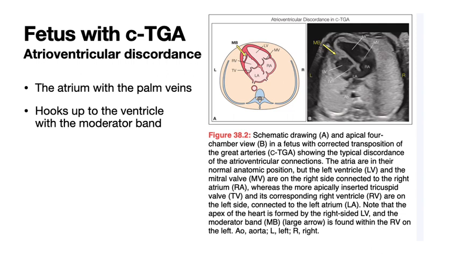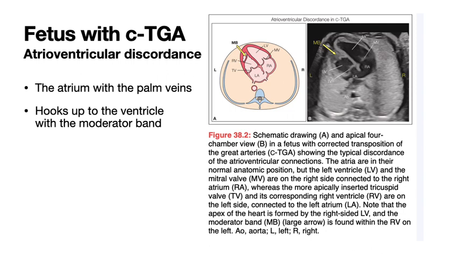All right. So in a fetus with TGA, corrected TGA, we said there's atrioventricular discordance. And that discordance is what kind of fixed the whole thing, that congenitally corrected the whole thing.